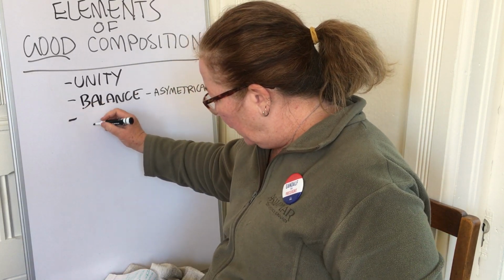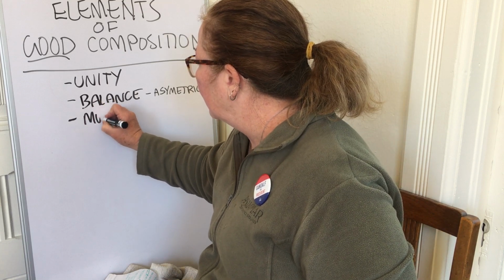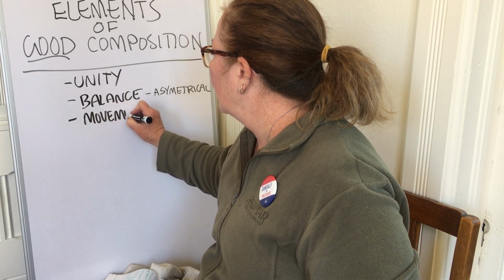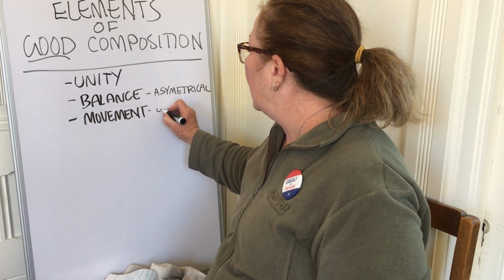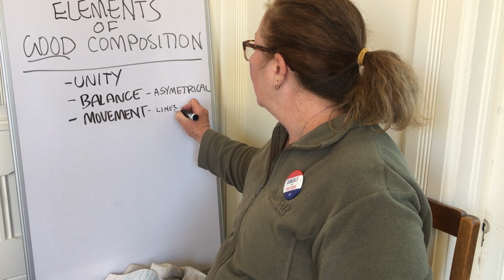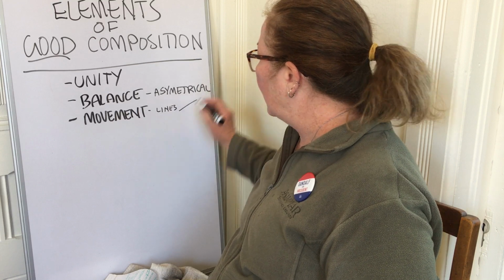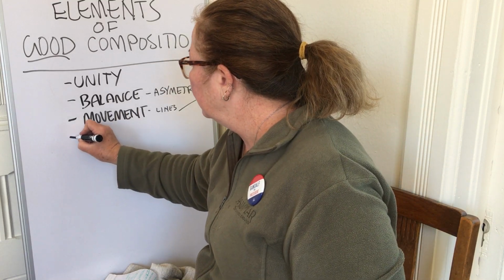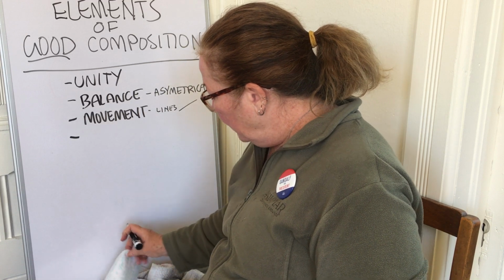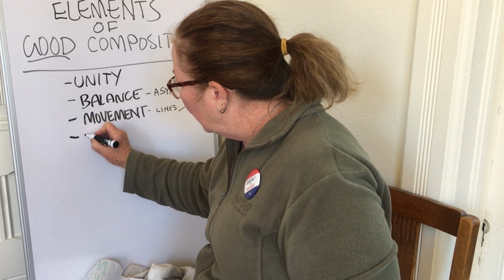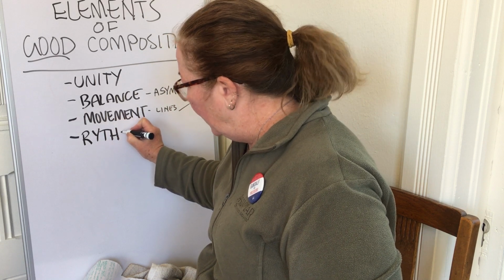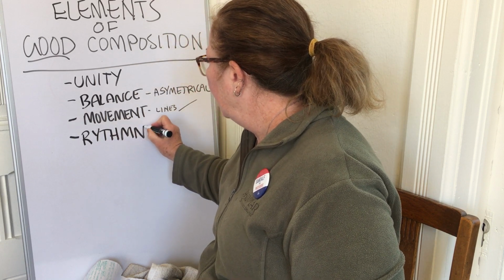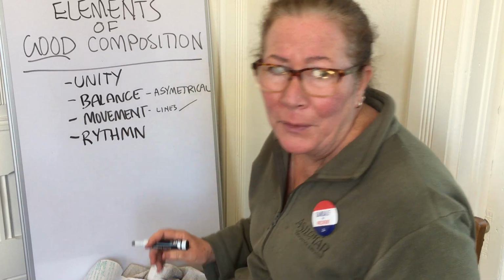So another component is movement. You can often create movement in your photographs by use of lines, right? Especially ones that are kind of at an angle, right? Rhythm. Rhythm is really important. You say, how do you get rhythm in a still photograph, right? Rhythm's something that we have for music.